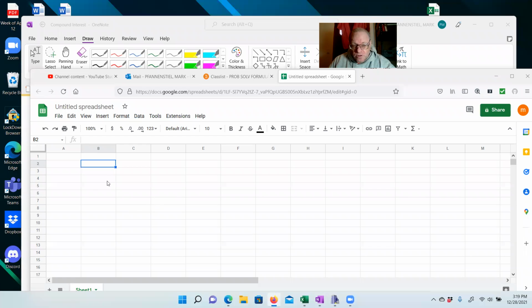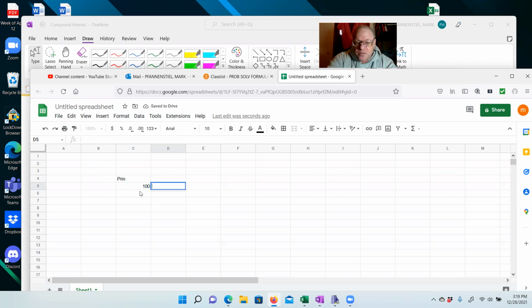Okay, so this is just a Google Sheets. I may have fumbled around with it more than I wanted to, but there we go. So we're just going to say, here's our principal. That was 100. And then we're always going to do the plus, or equals, in order to make it a formula.